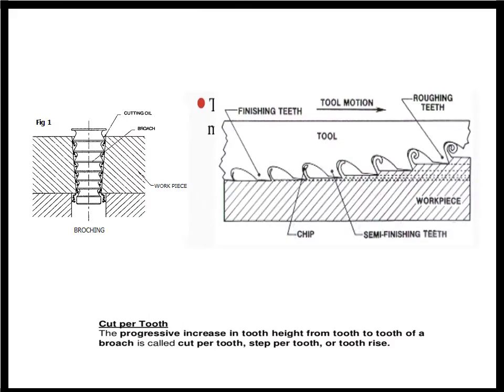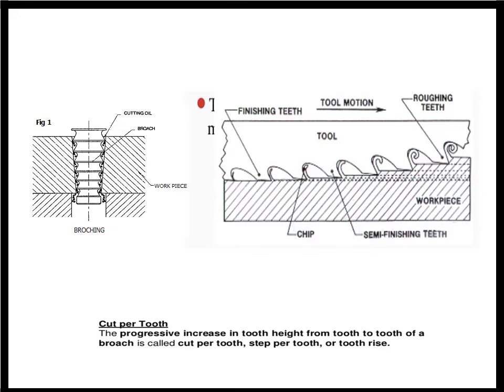Now this figure shows the motion of the broach tool. Accordingly, you can see the roughing tip is of smaller size and the size of the teeth gradually increases as you move towards the finishing tip.